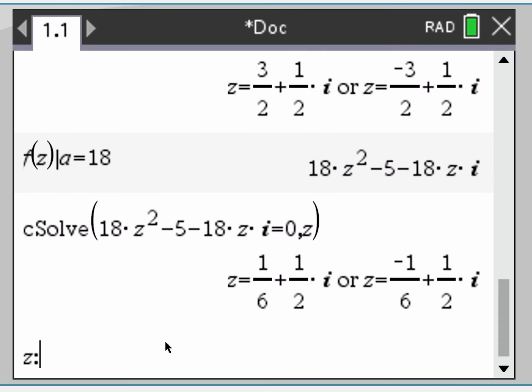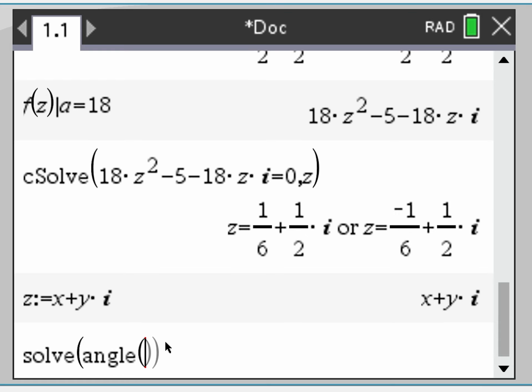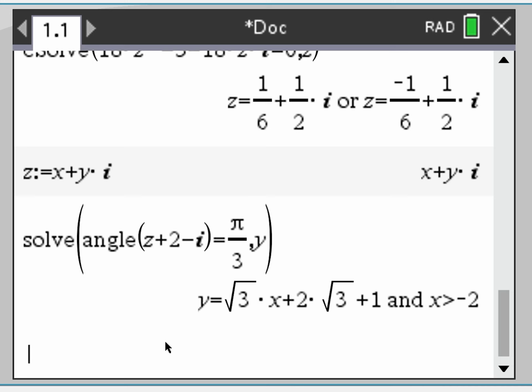So let us define our z to be x plus yi. Okay, now if we do solve and angle, and we just have to type what the ray gives us. So z plus 2 minus i, and that has to be equal to pi on 3. And if I do y, see, there you go. So this is the equation of the ray.